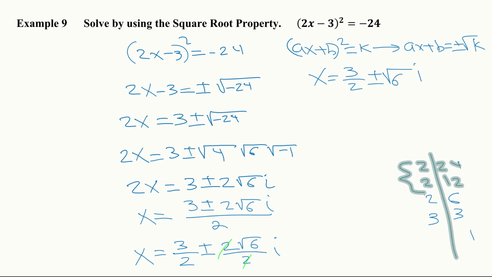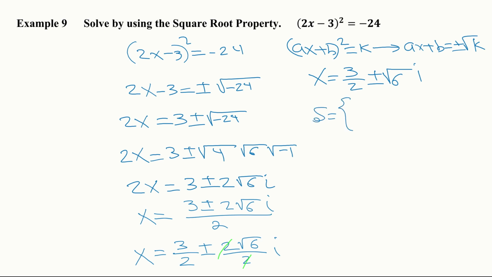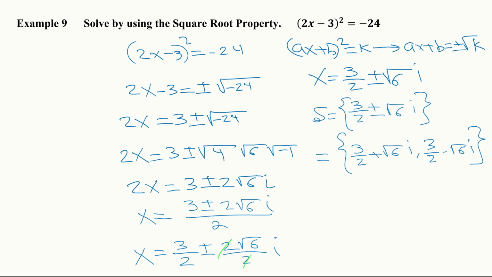Let me go ahead and erase this factorization so I can now write my solution set. So for the solution set, we put 3 halves plus or minus square root of 6 i, or we can list them separately. So we can say 3 halves plus square root of 6 i, comma, 3 halves minus square root of 6 i, and that's it. Okay? So that's how you would handle that one.